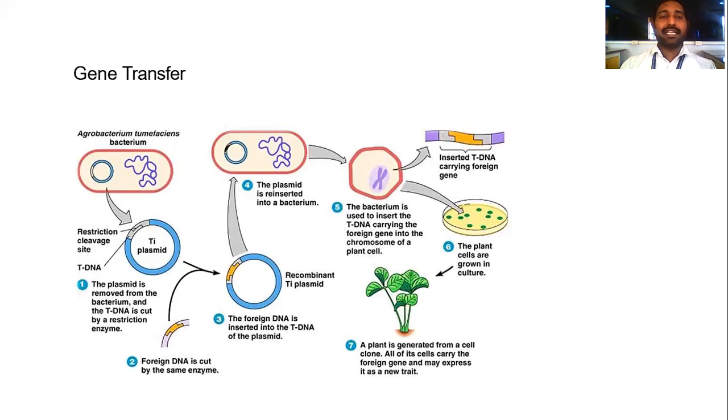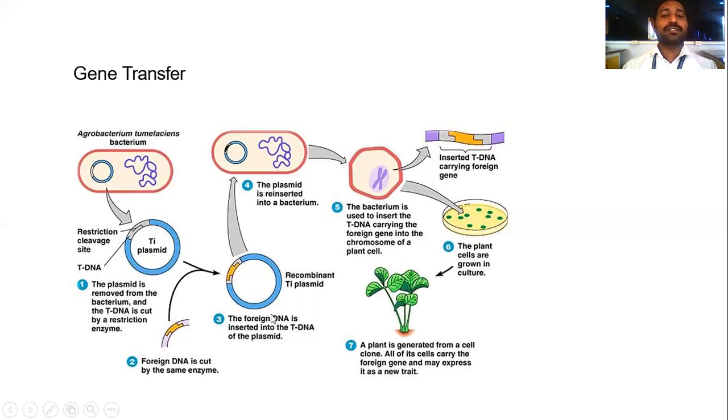So this is the schematic diagram representation for gene transfer. If you see, this is the particular vector molecule, the plant vector, in the cells of Agrobacterium tumefaciens bacterium. In that we have the Ti plasmid, the tumor-inducing plasmid. In this particular plasmid, we can edit by inserting our gene of interest.